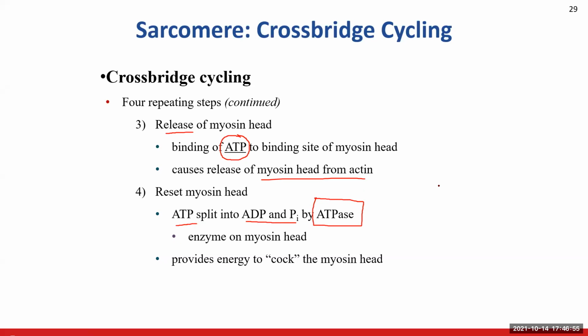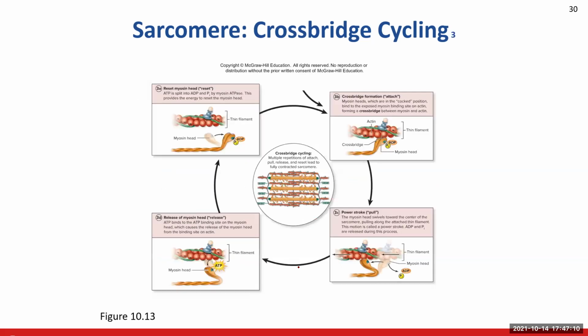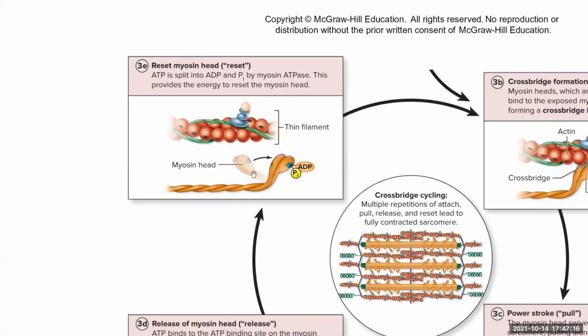So ATPase is going to be the enzyme that breaks ATP down into ADP and inorganic phosphate. That's what that little i means behind the P. And so that allows us to recock the head. And that's what we see here in this picture. So now when it breaks down into ADP and inorganic phosphate, we've recocked the head. And then we will recycle the whole thing here for another contraction if need be.